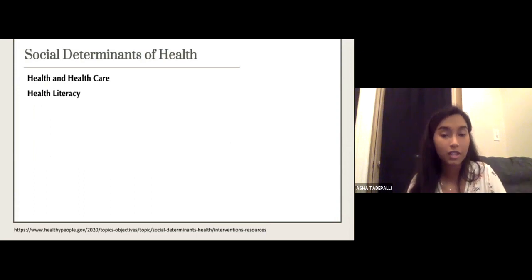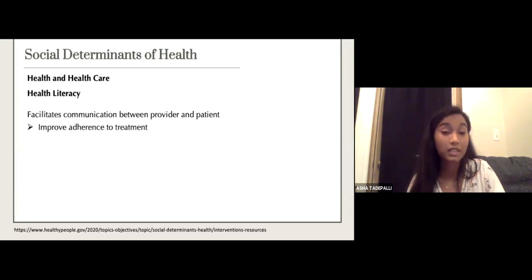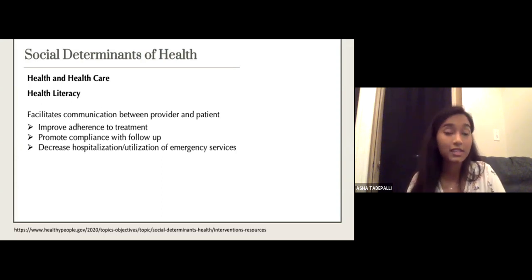When we're talking about communication itself, we can see how that directly applies to our patients as it improves adherence to treatment, compliance with follow-up, and as we know, prevents or decreases hospitalization and utilization of emergency services. When you think about eye care, you think about how important it is in the management of diabetics or diabetic retinopathy.